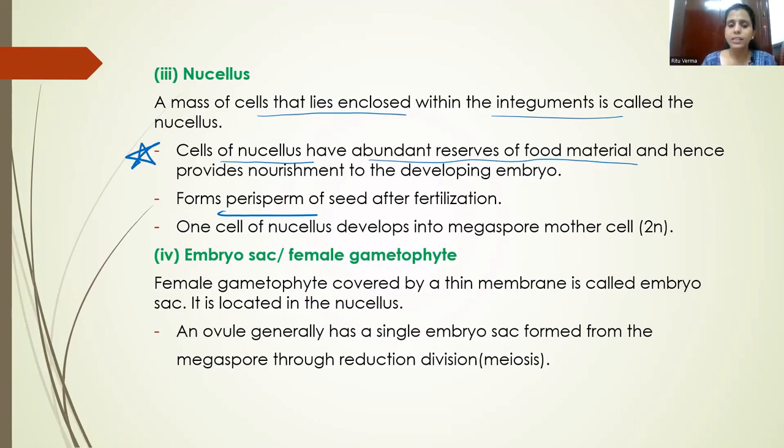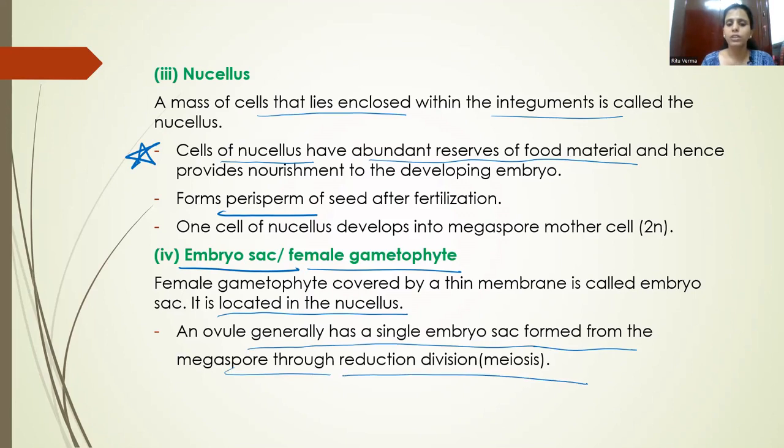The last part of the nucellus is the embryo sac. Embryo sac can also be called the female gametophyte. The female gametophyte is covered by a thin membrane and is located in the nucellus. An ovule generally has a single embryo sac, formed from the megaspore mother cell through reduction division, meiosis. This we are going to learn in detail in the next video.